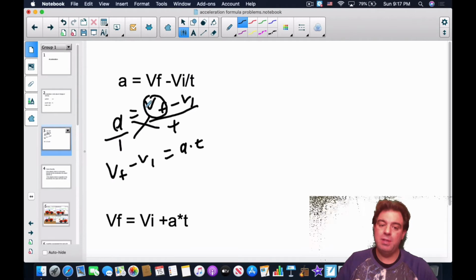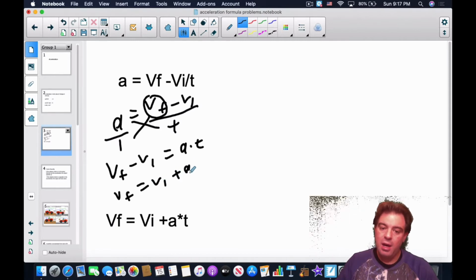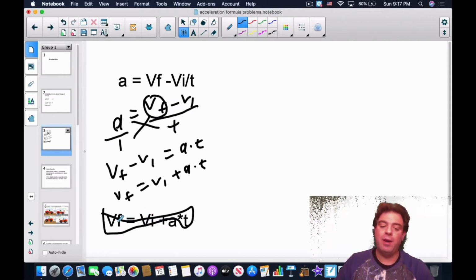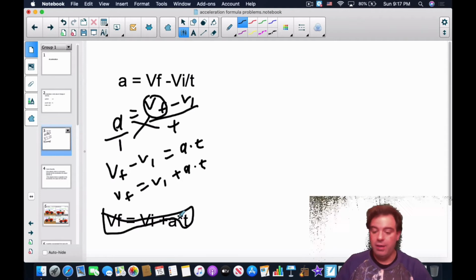And now, as we said, we're trying to solve for velocity final, so we bring velocity initial to the other side, so it becomes velocity initial plus acceleration times time. We use this formula to solve for velocity final, if of course velocity initial, acceleration, and time are given.